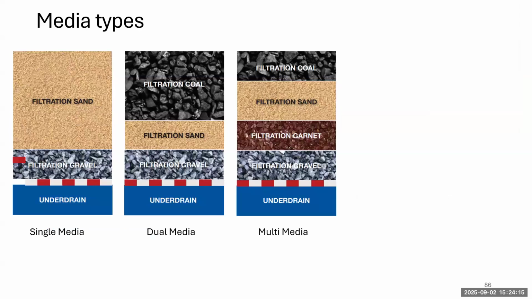You have a single media that would just have one type of media, like sand. The filtration gravel there, it's really just support gravel to protect the underdrain system and support the media. And then over on the right, you have a multimedia filter where it has anthracite coal, sand, and then garnet, which is the most dense.